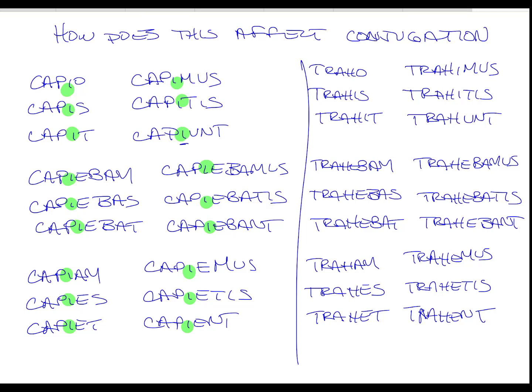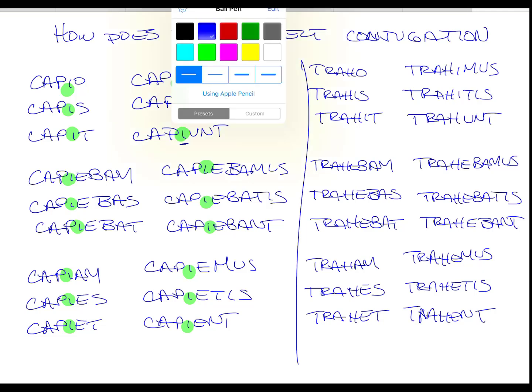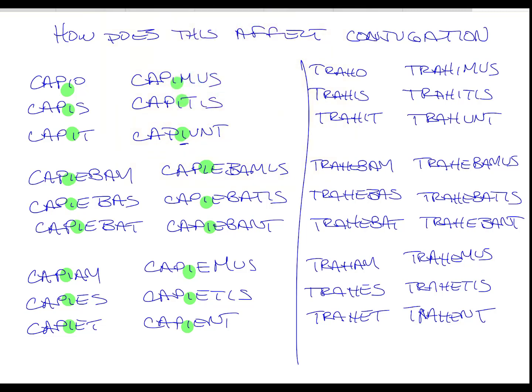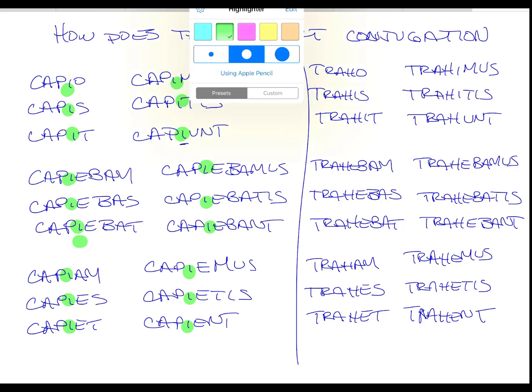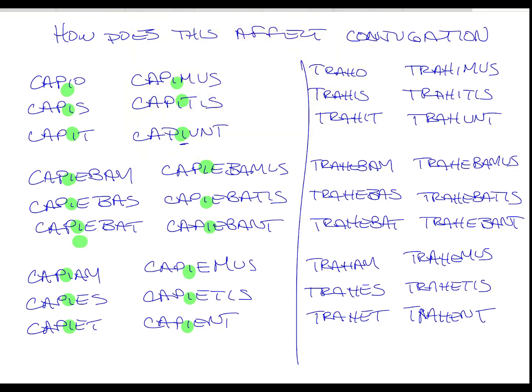Notice that this I that I've highlighted over here in green does not appear over here. There's no I's here. And that's the only difference between the third and the third IO.